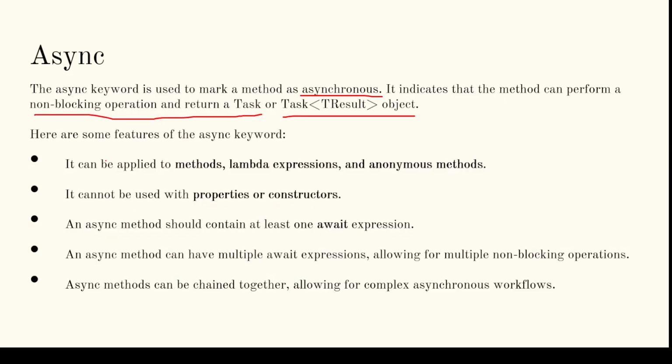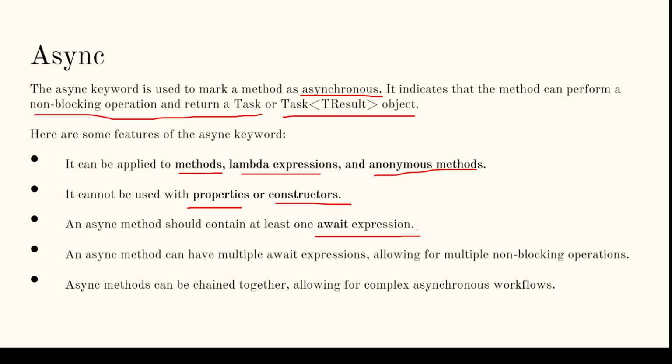And here are some of the features of the async keyword. It can be applied to methods, lambda expressions and anonymous methods, and it cannot be applied to properties or constructors. An async method should contain at least one await expression to make it asynchronous. In the past videos we have seen, if you don't use the await keyword, then the method will be called synchronously.